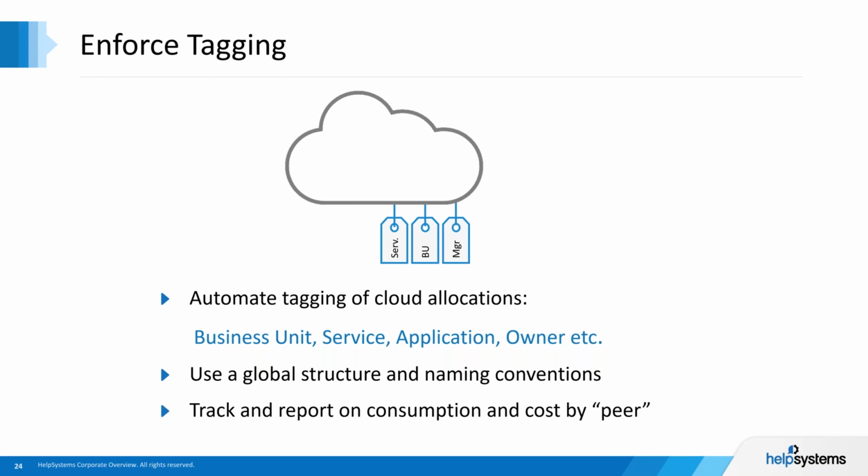It's absolutely mandatory to have a tagging standard for resources that are being created, and that can also be enforced by policies. If you lose control over that, you very soon find that it's extremely difficult to keep track of what's running in public cloud and how much is being consumed by different types of workloads and applications.